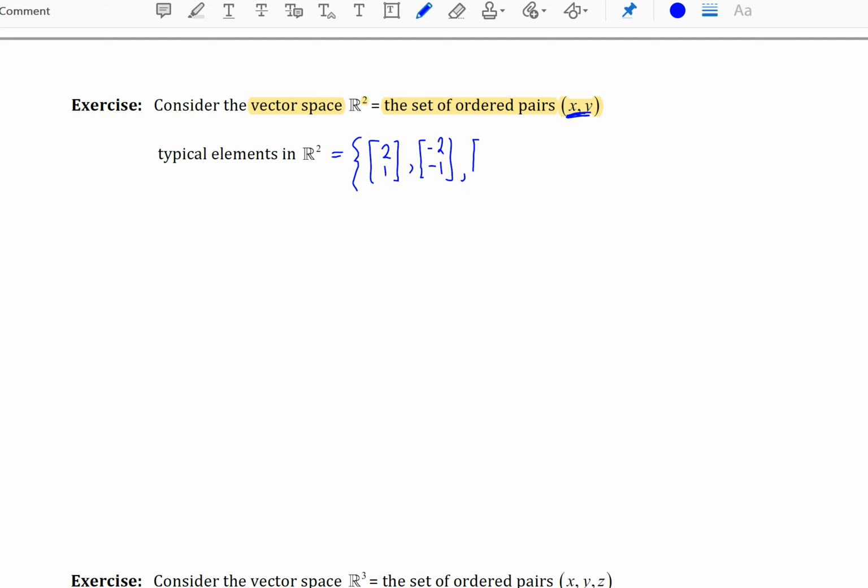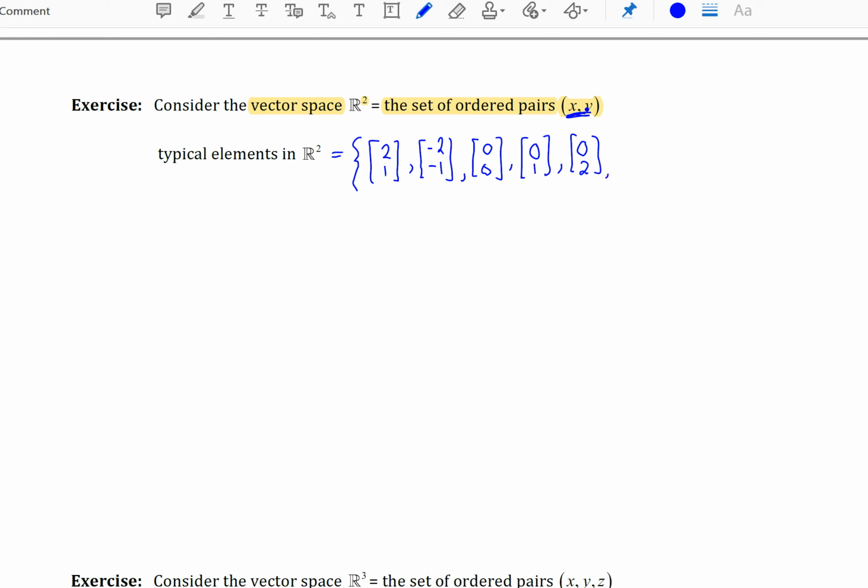The 0 vector has to be there. And the 0 vector is an element of R2. The vector 0, 1 has to be in there. And if that vector is in there, then any multiple of it has to be in there. So if this is some vector, then 3 times that vector has to be in there. Or let's do 2 times that vector.